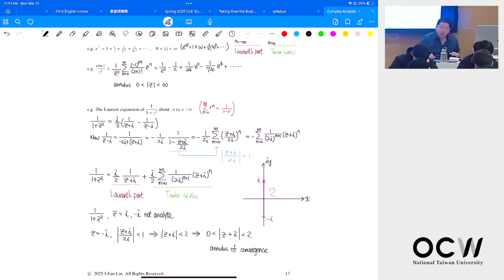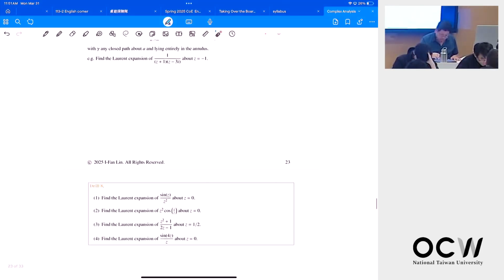Let's do one more example. If you don't have any questions, then let's move on to page 24 and page 23.